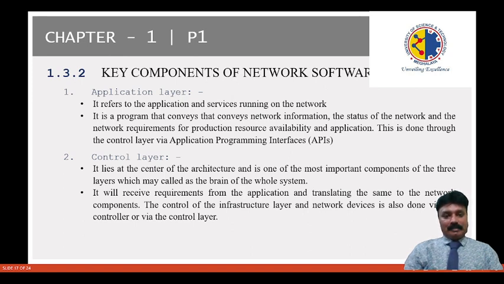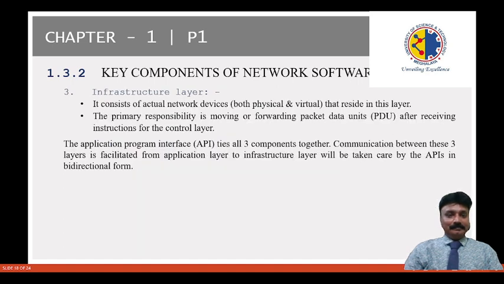It is the heart of the functionality. It will receive requirements from the application and translate them to the network components. The control of the infrastructure layer and network devices is also done via the controller or the control layer.